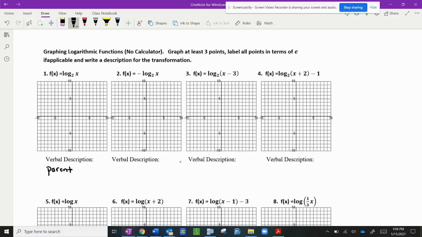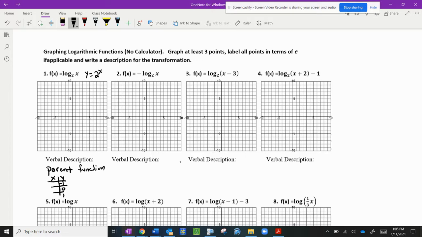And I'm going to convert this into its exponential, which is y equals 2 to the x. And what I want to do is graph 3 points. But if I'm just going to graph the log function, which is fine, I'm going to need to flip-flop my exponential points. So my output is going to be negative 1, 0, and 1, and my input will be the flip, right?